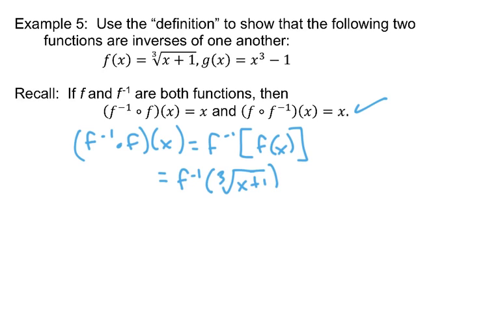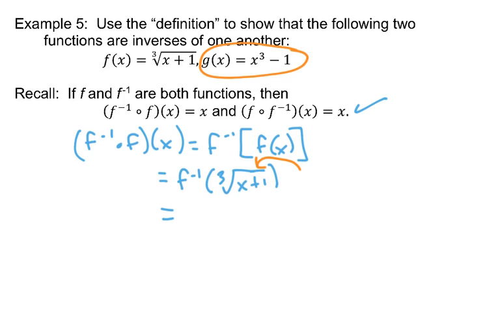If I want g of cube root of x plus 1, that means I want to go into the expression that defines the function g, or f inverse, and everywhere I see the x, I want to replace it by what I have in parentheses here.